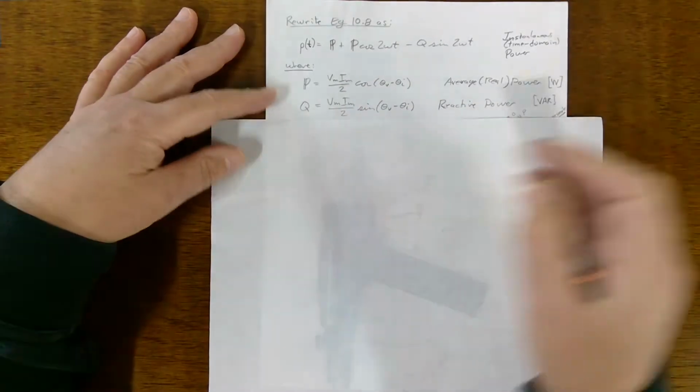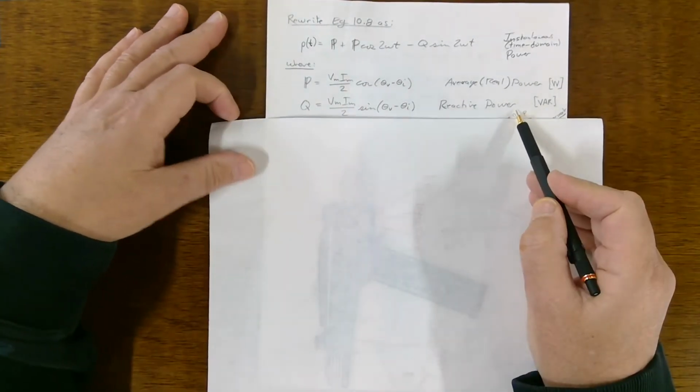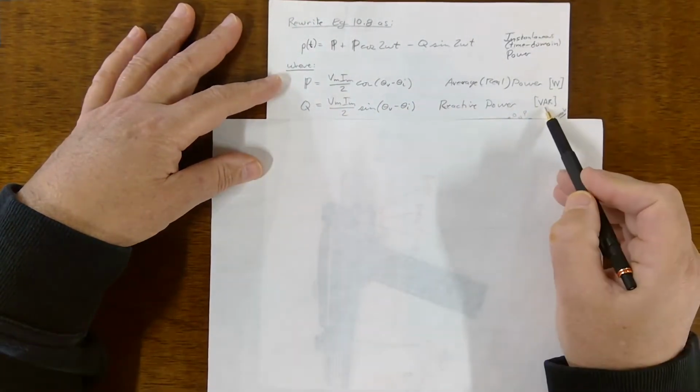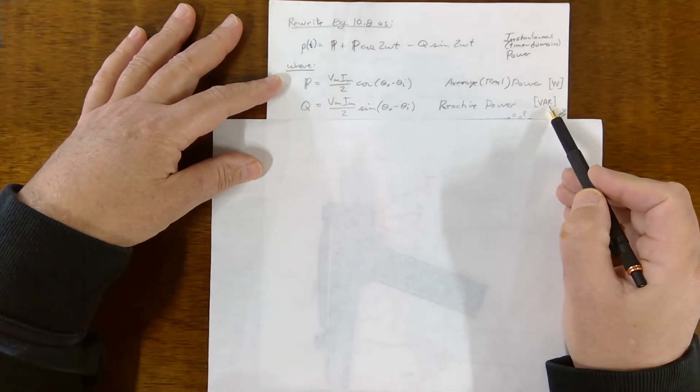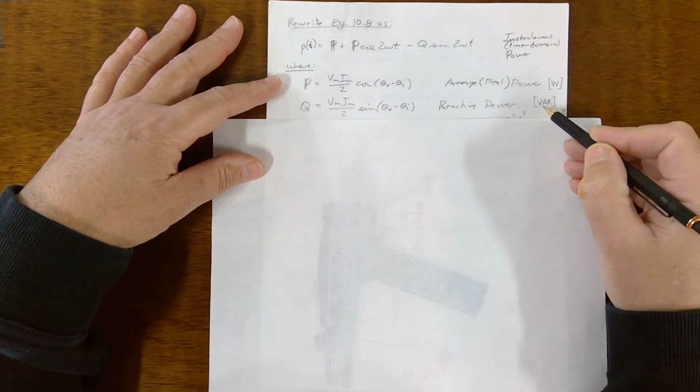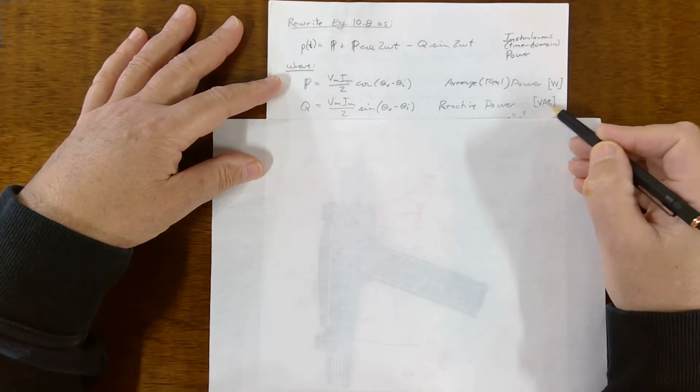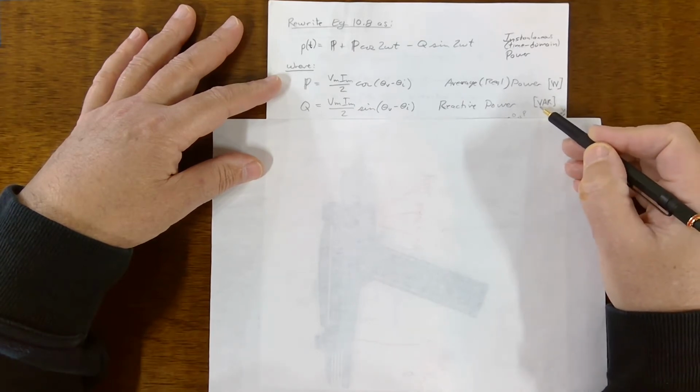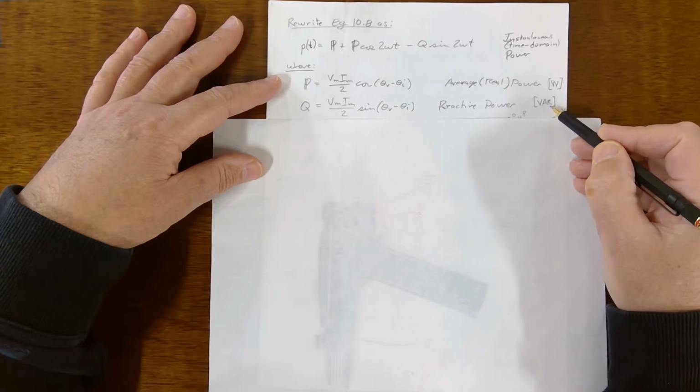Q is the reactive power. It's given by this term, and it has units of VAR, or volt amperes reactive. And this is just a convenience for when we talk about these things.